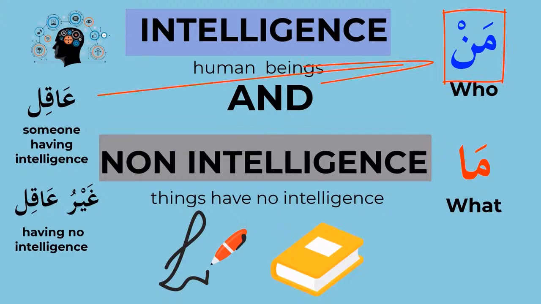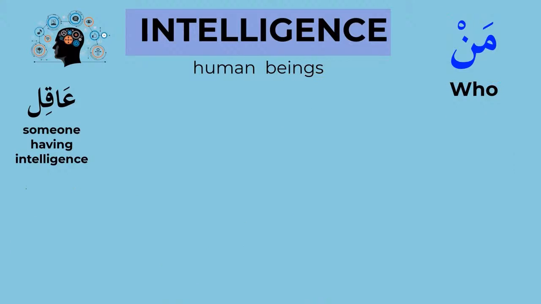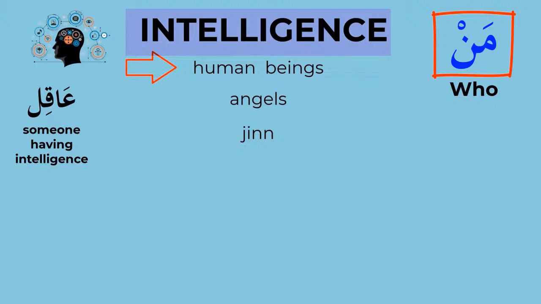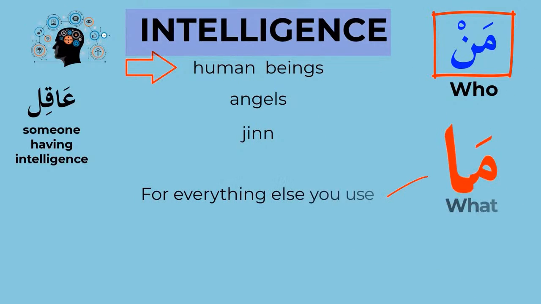When you want to find out about things, you use ma. The aqil group consists of three creations: human beings, malaika, and jinn. When you refer to human beings, malaika and jinn, you use man. For the rest of the things, it is ma.